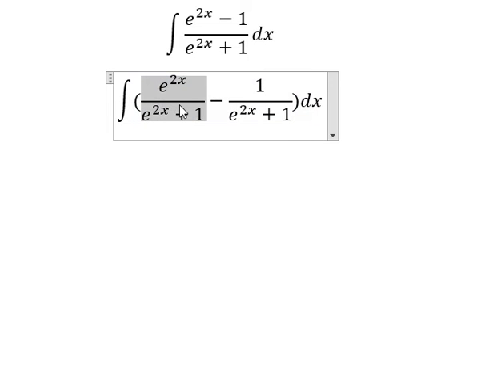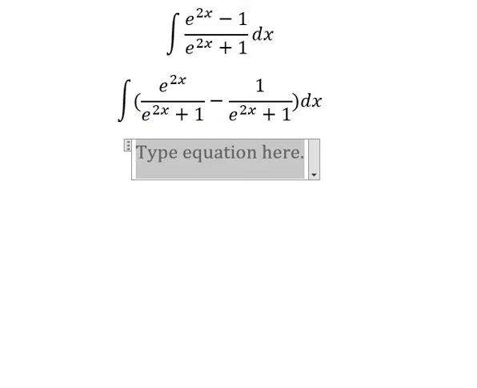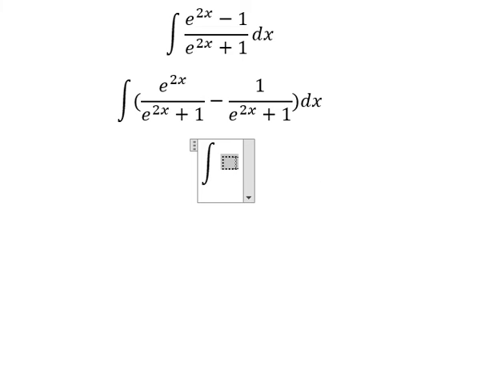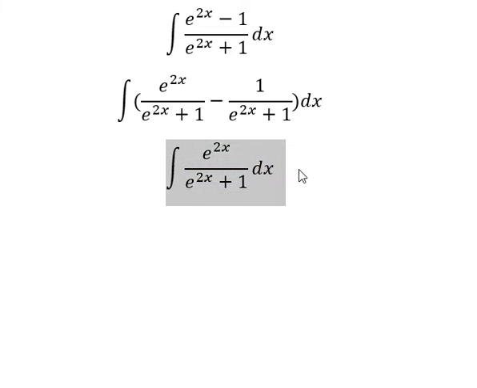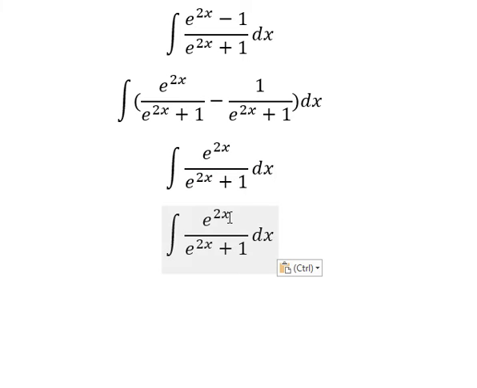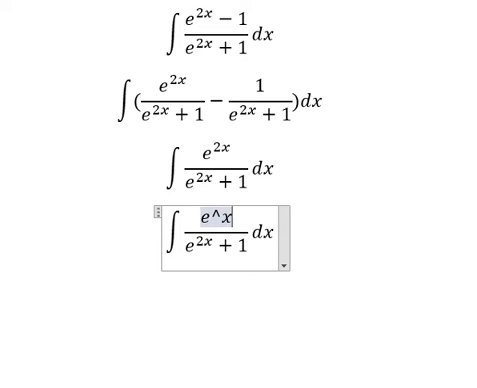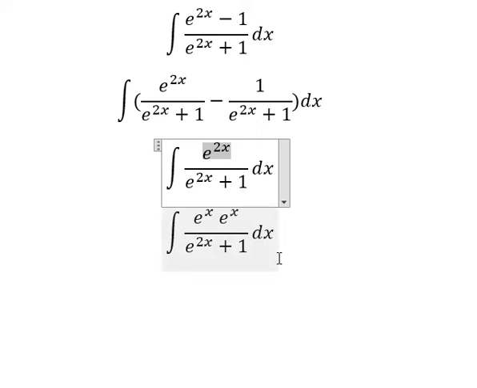Now I will go to the first one. About e to the power of 2x, we can write e to the power of x multiplied by e to the power of x, because this one equals to this one.